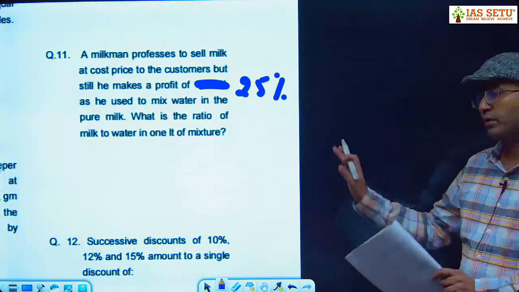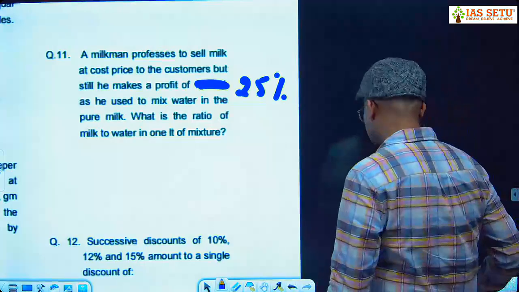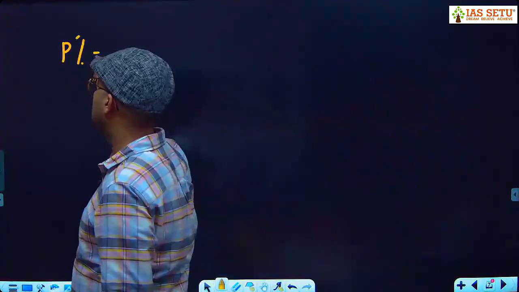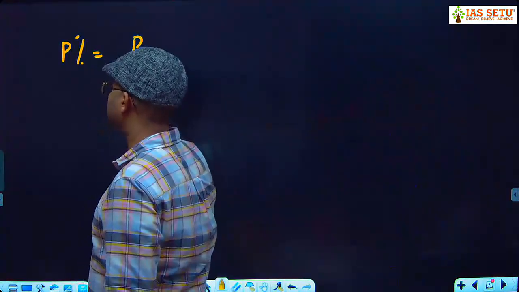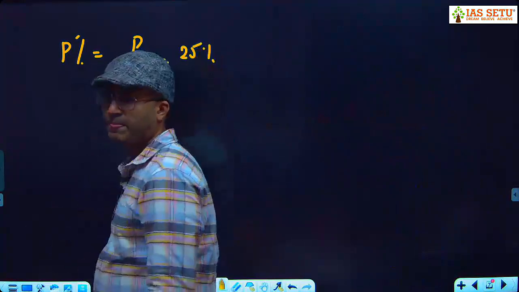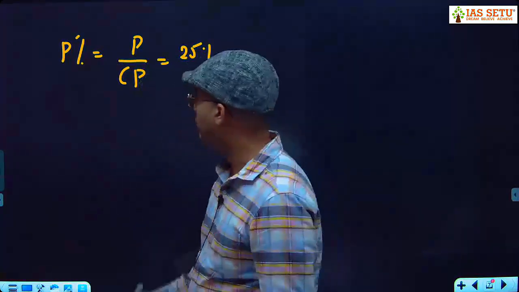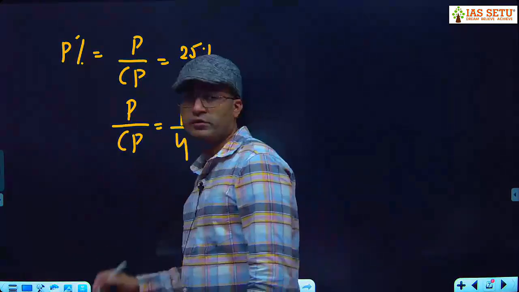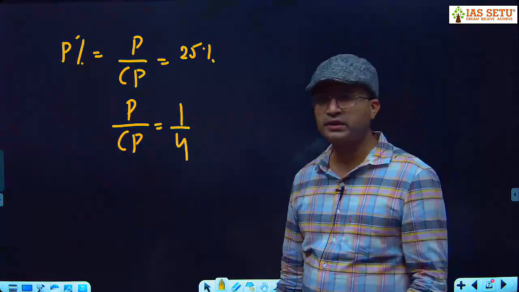25%. Okay, so how will we solve this? Profit percentage, our formula is profit upon CP, which is given in the question as 25%. And what is 25%? 1 by 4. So P upon CP here is 1 by 4. So we can use it as a ratio.